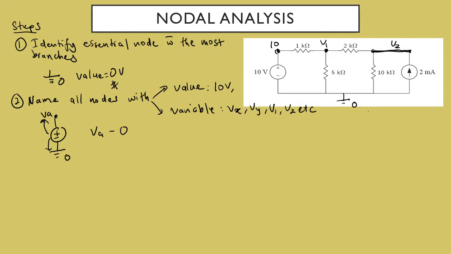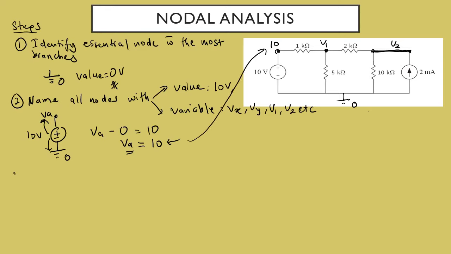So higher in polarity minus low in polarity, VA minus 0, should be equal to the value of this voltage source. In our case, 10 volt. So we have 10 here. Then VA should be equal to 10. Then you don't need to put the name as a VA, but you can put it as a value. So that's why we have here a 10.